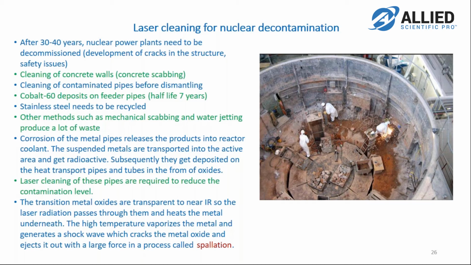It's a radioactive metal with a half-life of 7 years. So you need to do that to be able to recycle the metal that is in the reactor for future use. Methods such as mechanical scabbing and water jetting have been used, but they produce a lot of waste, and this radioactive waste is pretty dangerous for the environment.